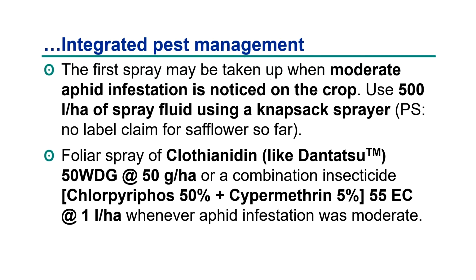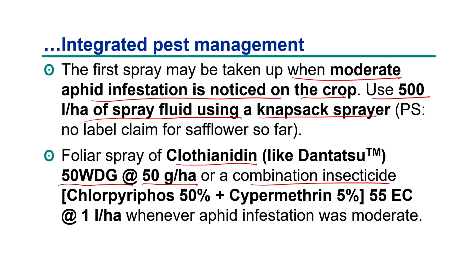The first spray may be taken up when moderate aphid infestation is noticed on the crop. Use 500 liter per hectare of spray fluid using a knapsack sprayer. Foliar spray of clothianidin 50 WDG can also be done, at 50 gram per hectare, or a combination insecticide.